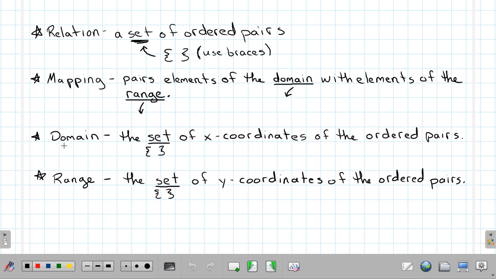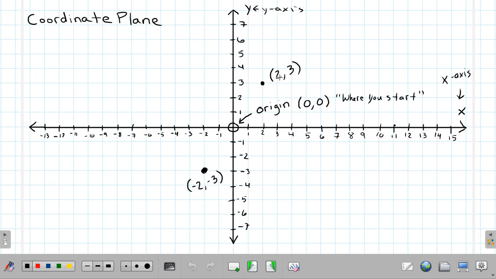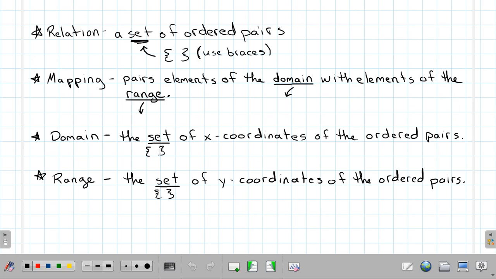And then domain and range are very similar, though. So just got to remember a couple differences here, because when we talk about the domain, this is the set, once again, braces, of x coordinates of the ordered pairs. So basically, you take the x coordinates, so the first number of every ordered pair, and put them in braces, and that's your set of x coordinates.